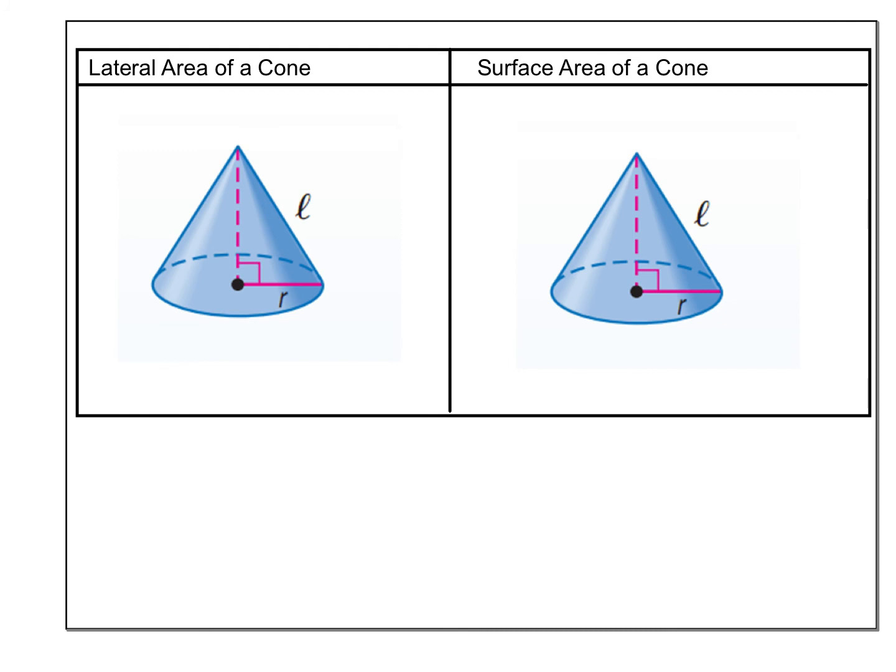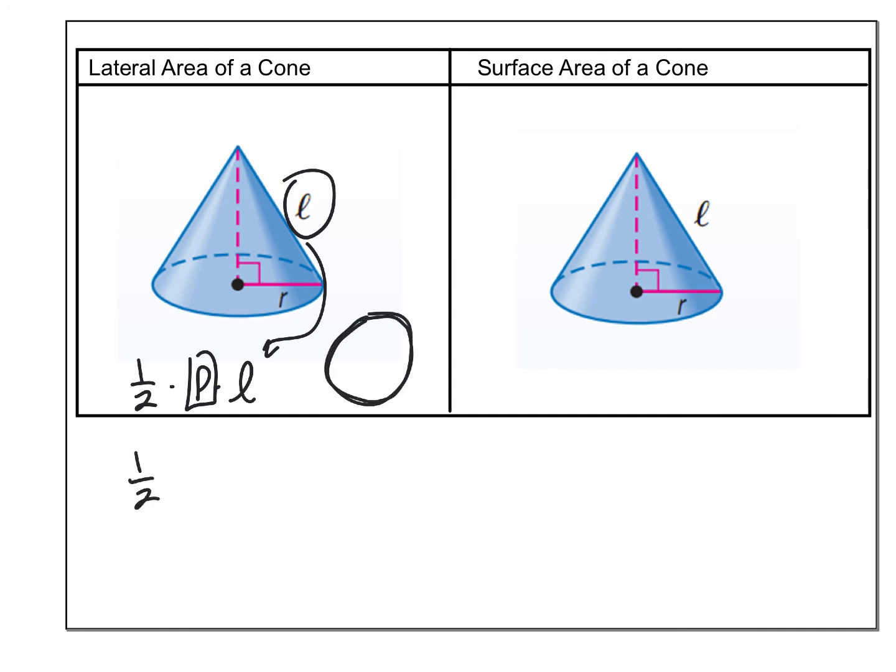And then for lateral area, before, lateral area was 1/2 times perimeter times slant height. The slant height stays the same, but what do we call the perimeter of a circle? What do we call my distance around a circle? We call that the circumference, right? So your circumference is 2 pi r times my slant height. By doing a little bit of simplifying, this 2 and this 1/2 cancel out.